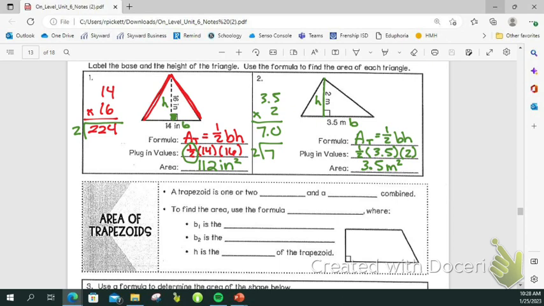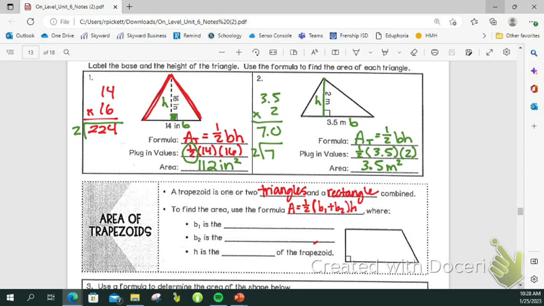Now let's look at trapezoids. A trapezoid is one or two triangles and a rectangle combined. To find the area, we're going to use the formula area equals 1/2 B1 plus B2 times h.